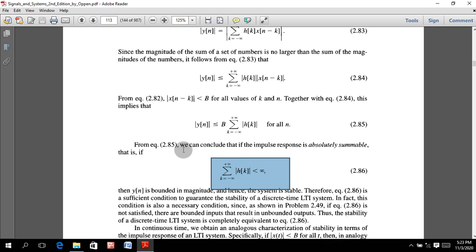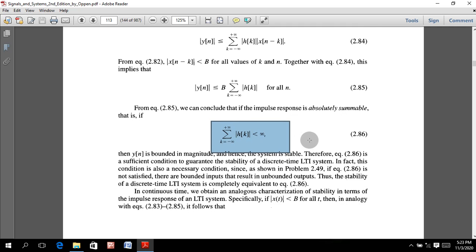So it can be concluded that if the impulse response is absolutely summable, the system is stable. But one important thing we need to understand here is that an impulse response which is absolutely summable is a sufficient condition for the system to be stable.